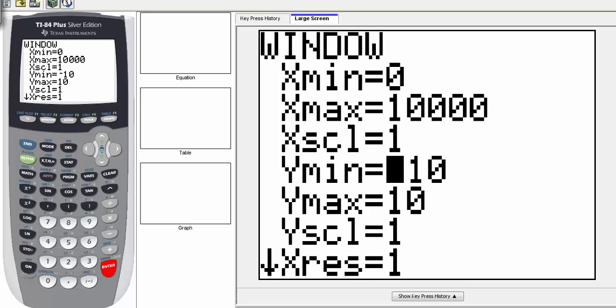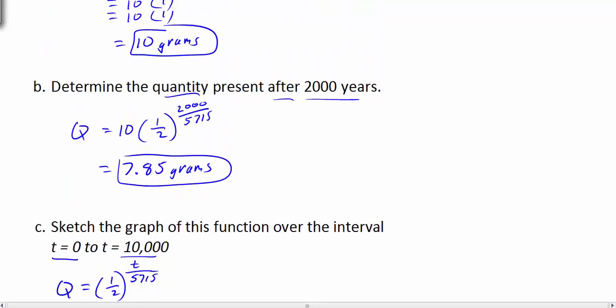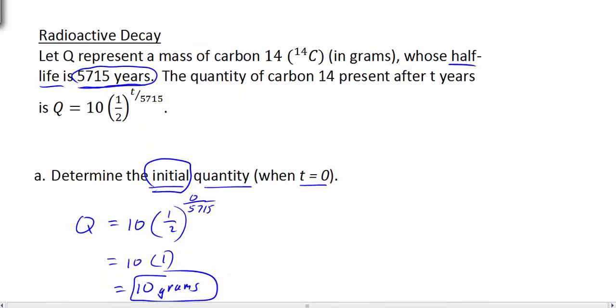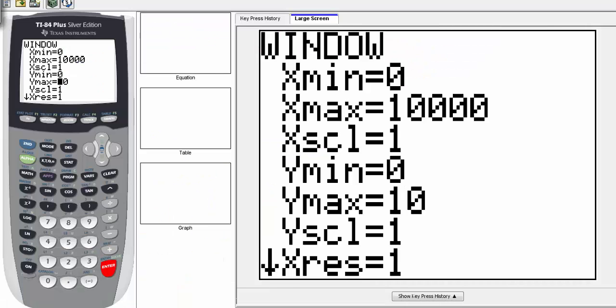Most likely a negative value is not going to make any sense here if we're looking at the amount of carbon that's available, so I'm going to just make that 0. And our y max, well, let's think about this problem. What do you think we're going to let the maximum y value be? If you go back to the first question, determine the initial quantity at time 0, we said the initial quantity was 10 grams, so that's going to be the largest it will be. So our y max would simply be 10.